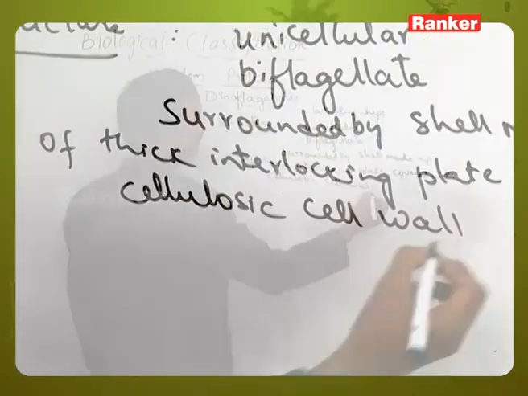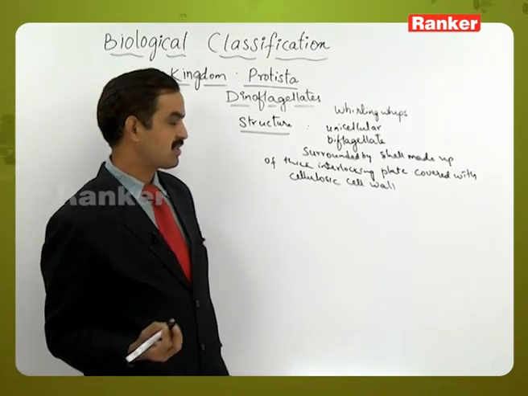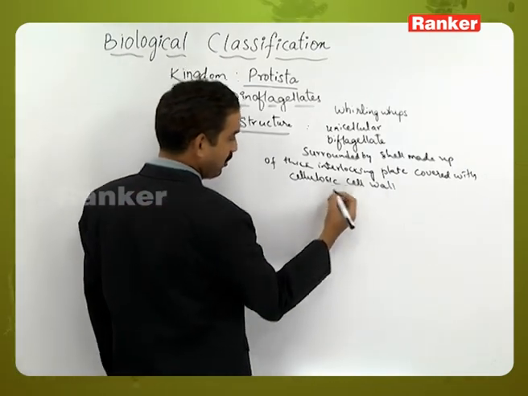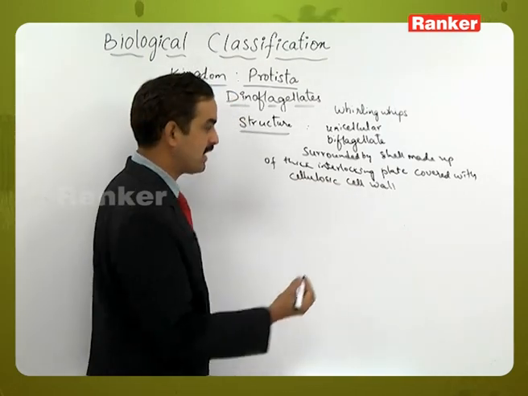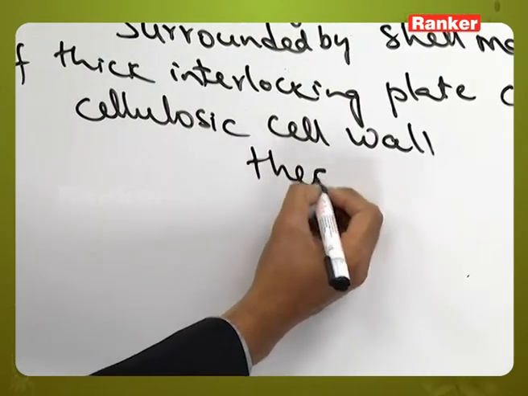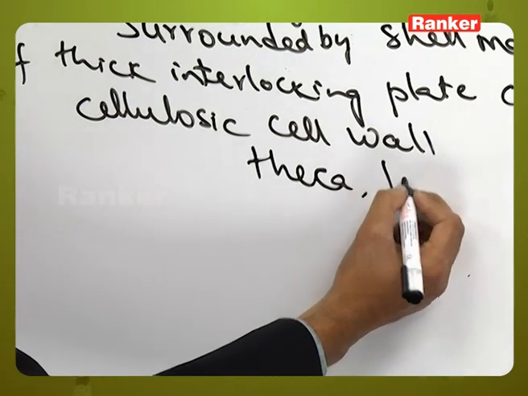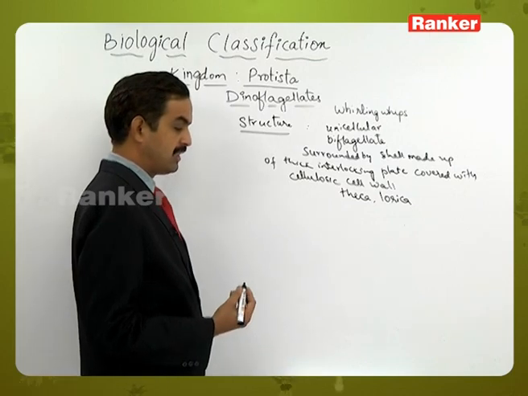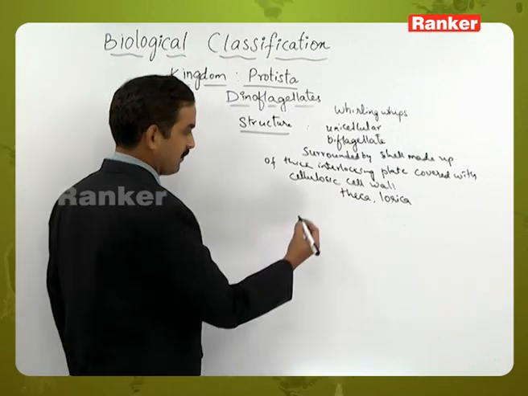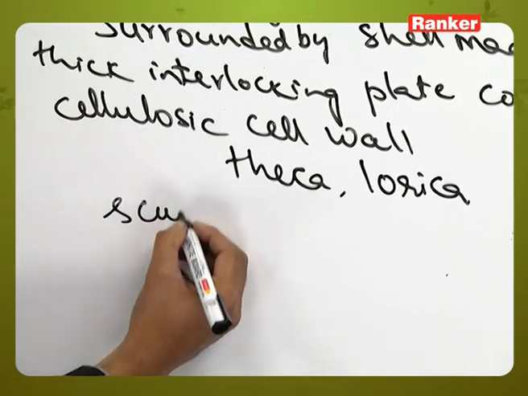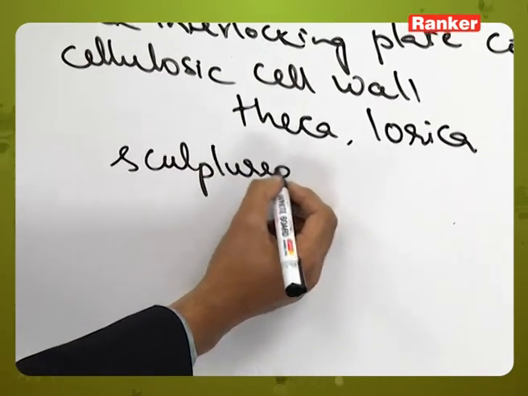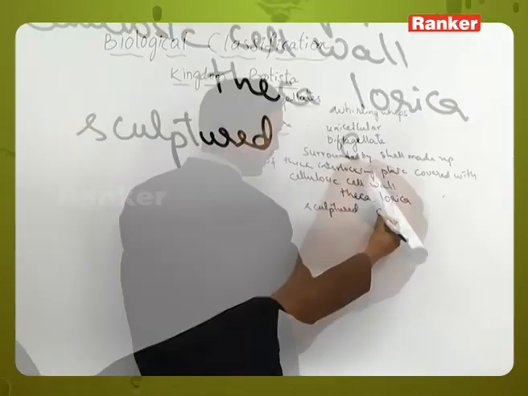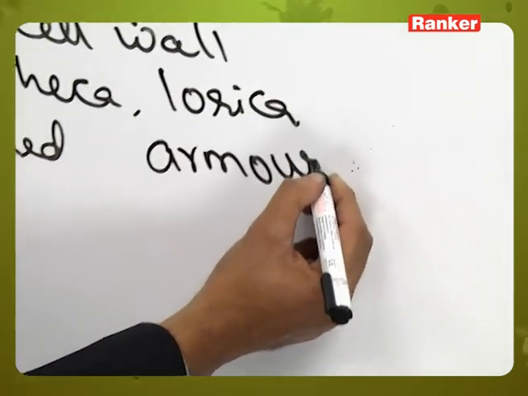The cellulosic cell wall forms an outer layer, and that outer layer is called a theca or lorica. It has a sculptured structure. The cellulosic plates have some sort of sculpturing on their walls. That's the reason why these are called armored dinoflagellates.